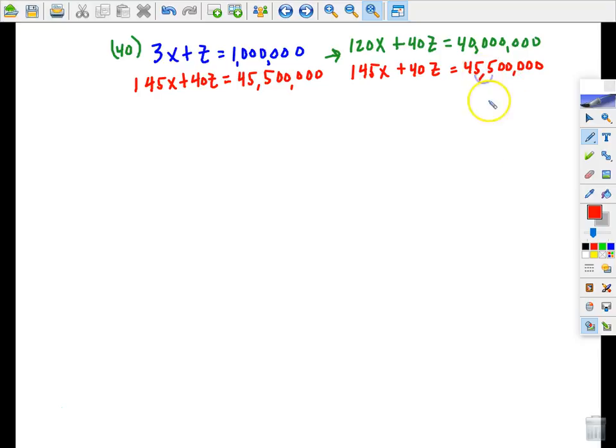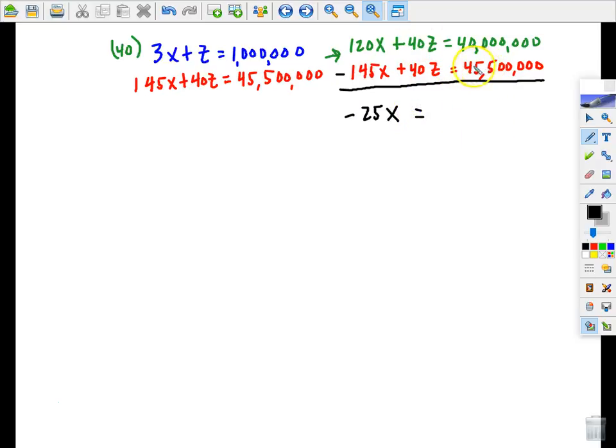And now we're going to eliminate z with subtraction. This is going to get us our first variable. We're going to find out what that investment in short-term notes is, x. All right, so 120 minus 145 is negative 25. z is eliminated.